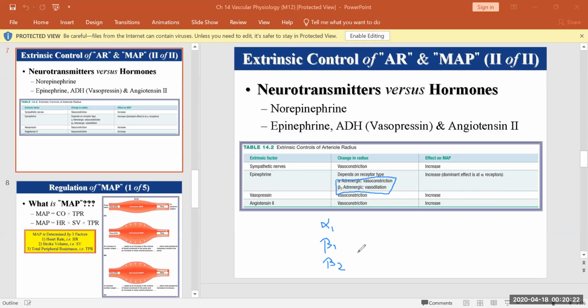Okay. There are alpha 1, alpha 2, beta 1, beta 2, beta 3. But in the context of my lecture, the relevant ones are basically these three: alpha 1, beta 1, and beta 2.